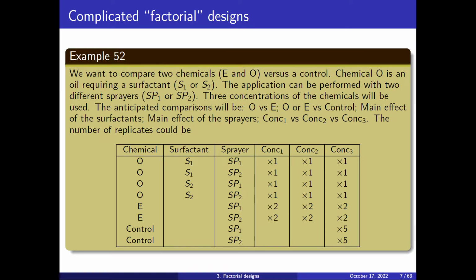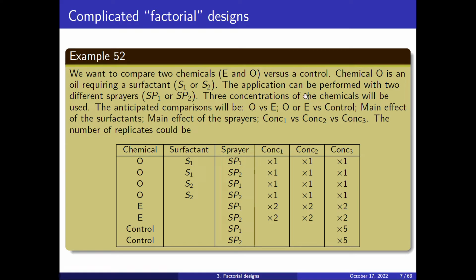You may also design very complicated factorial designs. Let's say that you are comparing two chemicals, E and O, versus a control. Chemical O is an oil that requires a surfactant, and we have two possibilities for the surfactants, S1 and S2.